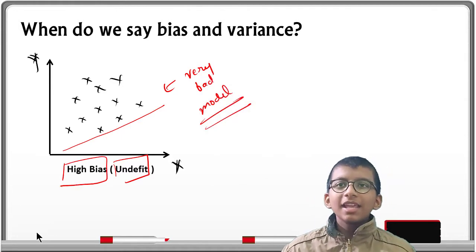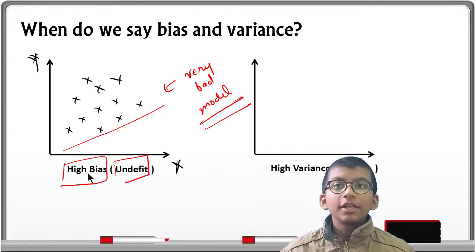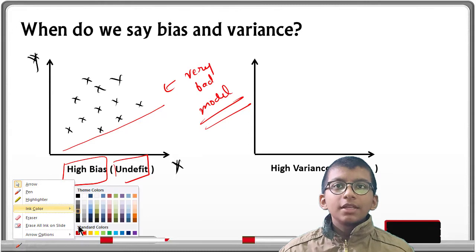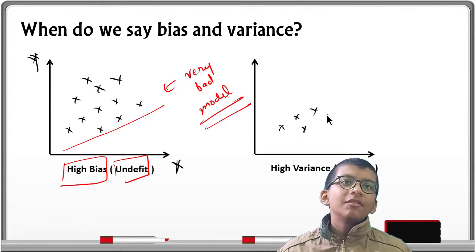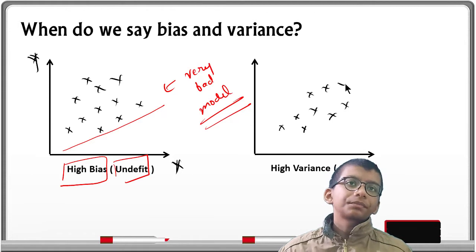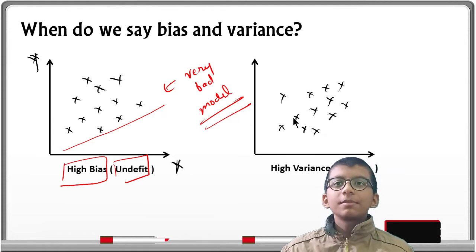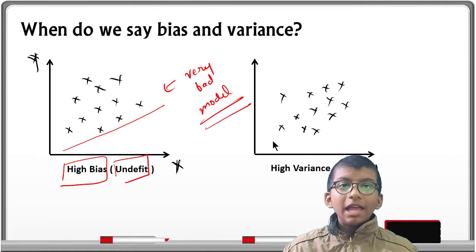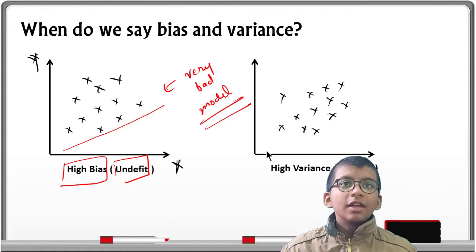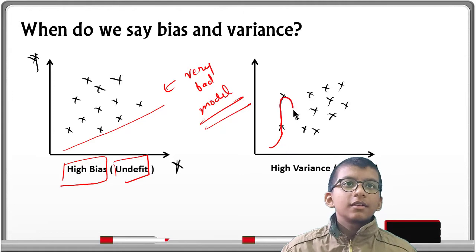In case of overfitting, we say high variance. So what is that? Let's say again we have data points, with cross signs, and if I plot our hypothesis, it will be something like this.